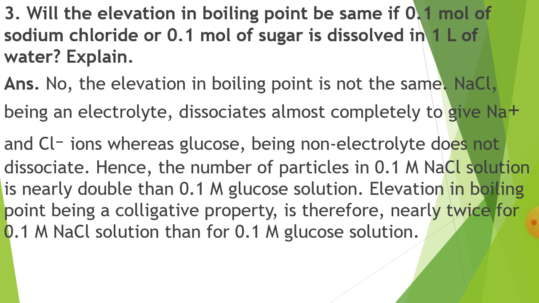Electrolytes may be of two types, weak electrolytes and strong electrolytes. If an electrolyte dissociates 100%, it is known as a strong electrolyte. If an electrolyte does not dissociate 100%, that is, partial dissociation takes place, it is known as a weak electrolyte. For example, acetic acid.